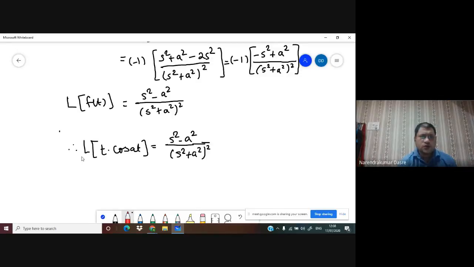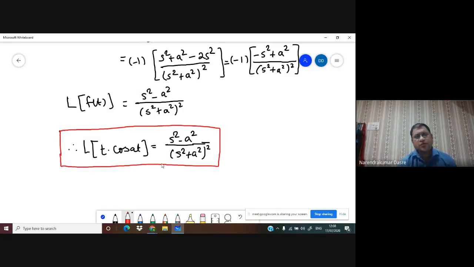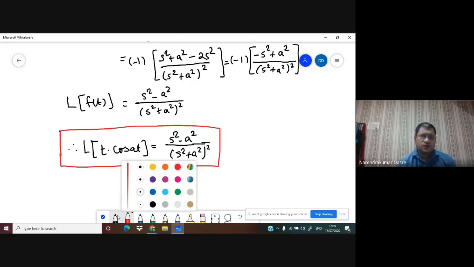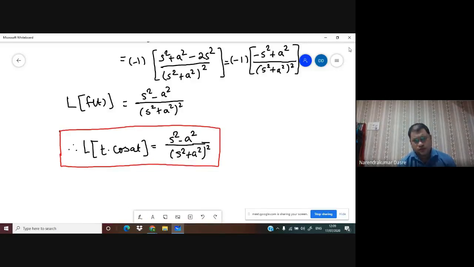Okay, so this is how we are able to get the Laplace transform of the function t into cos of at.